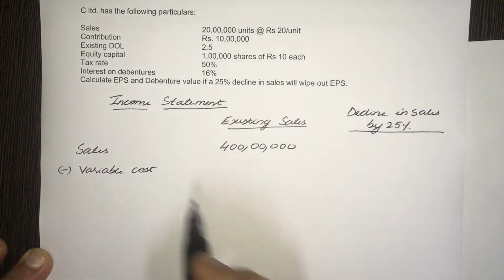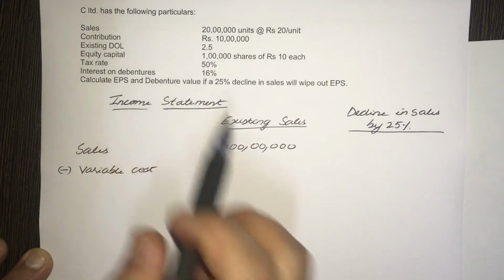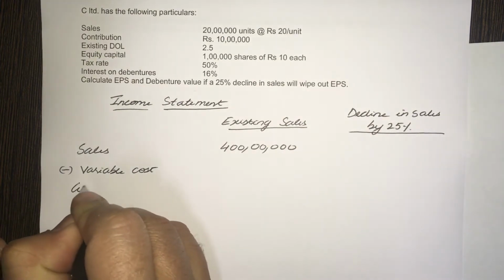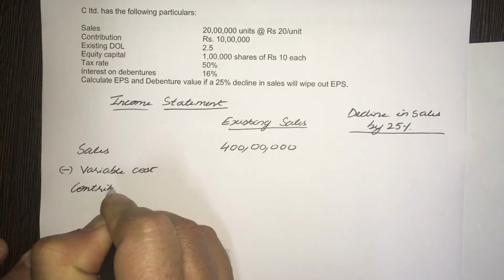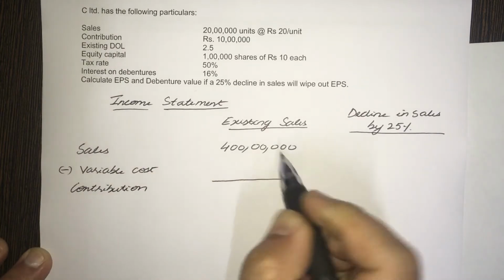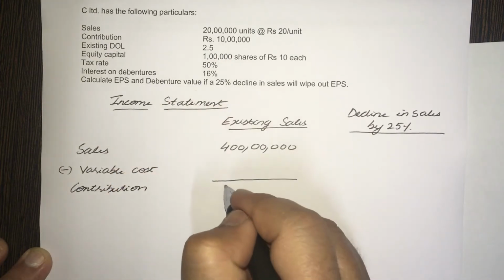All right, minus variable cost. Now, what is variable cost? It's not given, but we know what contribution is. Contribution is 10 lakhs.